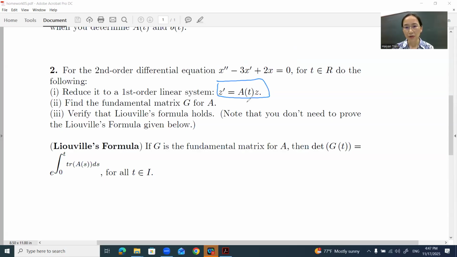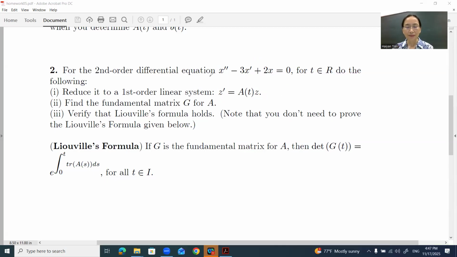So now that means you try to decide A, which is a 2x2 matrix. So just try to think of the technique of problem 1. And this is a very special case. Instead of nth order, you just have a second order, right? So you will get two equations of first order. So that is a system of two equations.